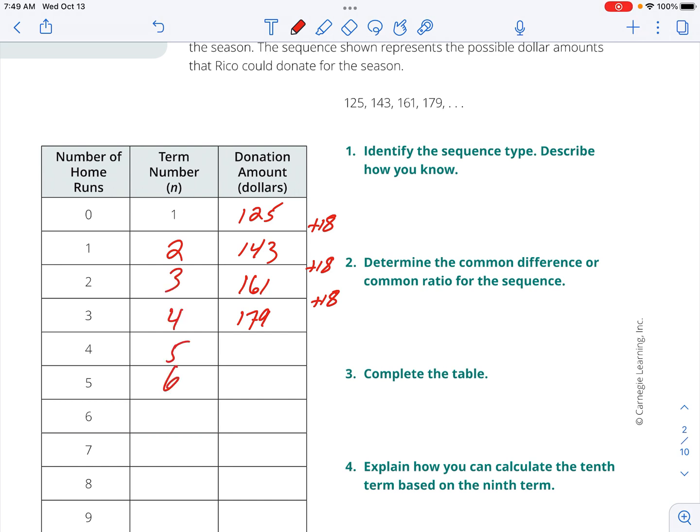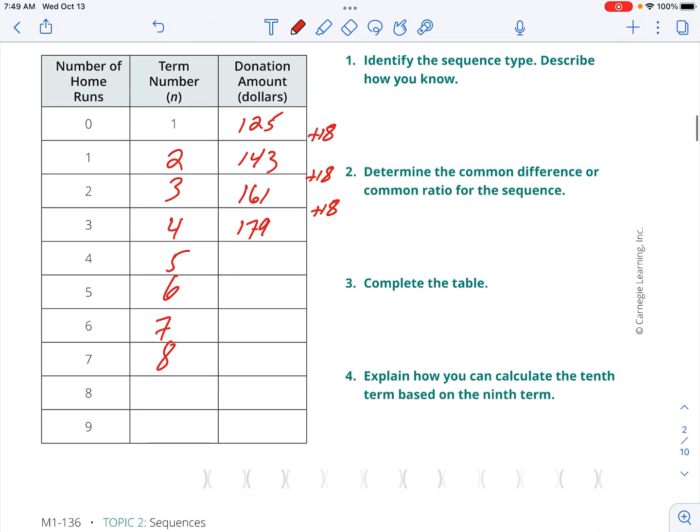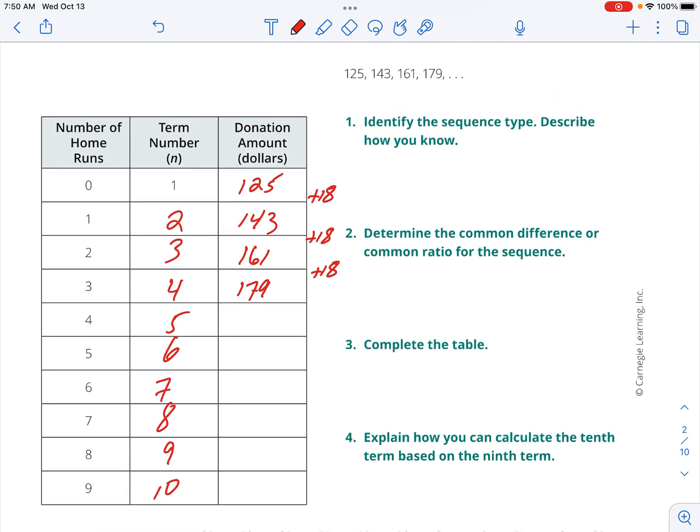Now, pay attention to the terms that I'm listing out. The terms are always one ahead of the number of home runs, and the reason why is because he's donating $125 no matter what. So we keep adding 18 to complete this table.